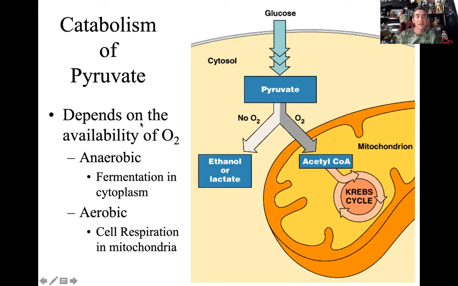So it depends on the availability of oxygen, whether or not we progress to the anaerobic pathway or to the aerobic pathway. If there is no oxygen available, we go into fermentation. If there is oxygen available, we go into that mitochondria and cellular respiration, the aerobic pathways there.